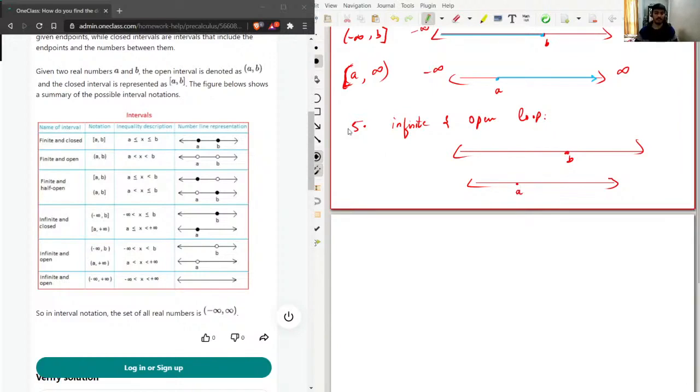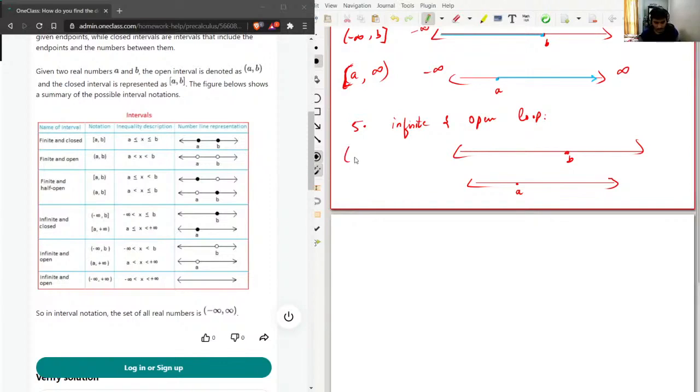Now in the previous case, I already told you that we will not write a square bracket with infinity. So in the case of the closed one, we operated the square bracket at finite terms. Here we'll again operate the curly bracket with finite terms also. Like obviously it is used with infinity, but we'll be writing it with finite terms also.